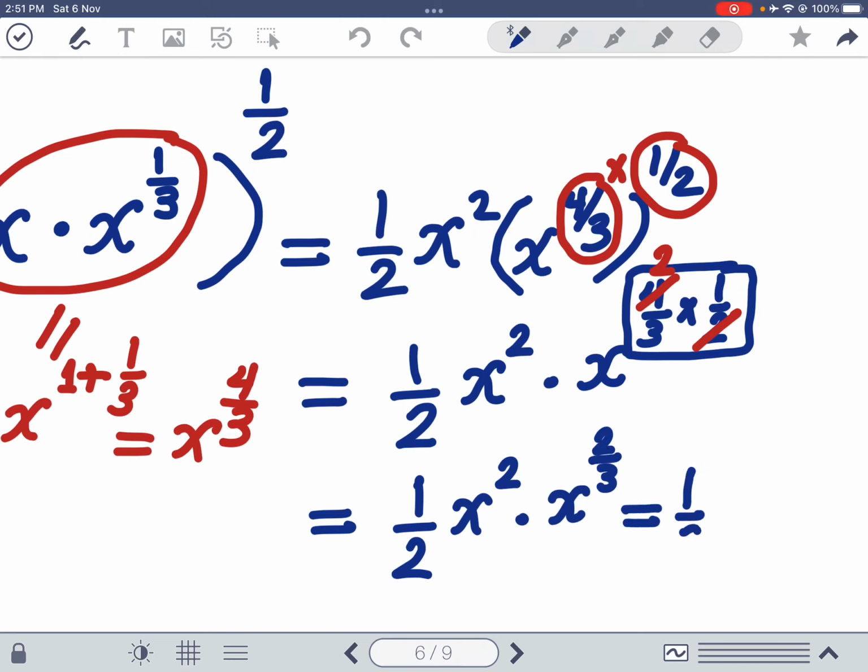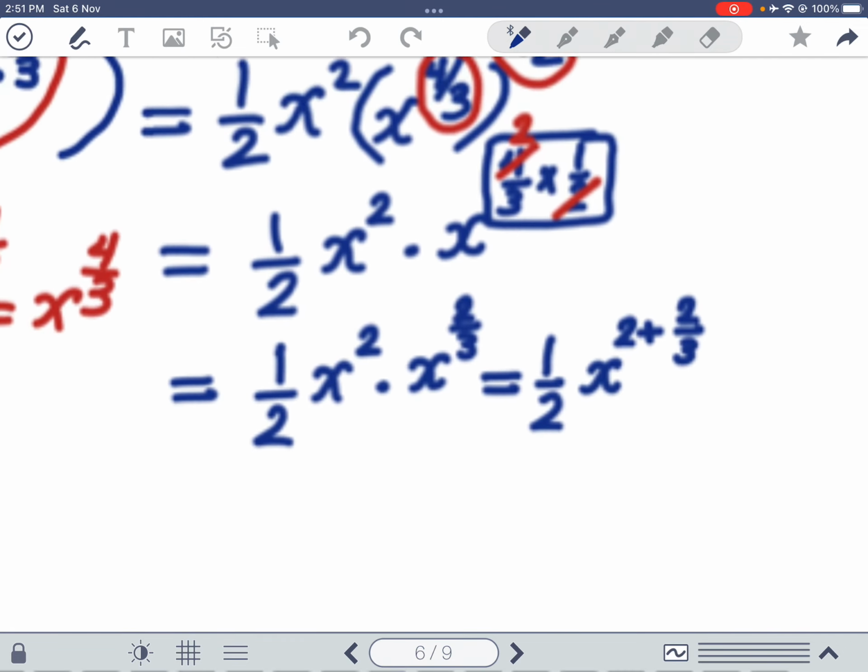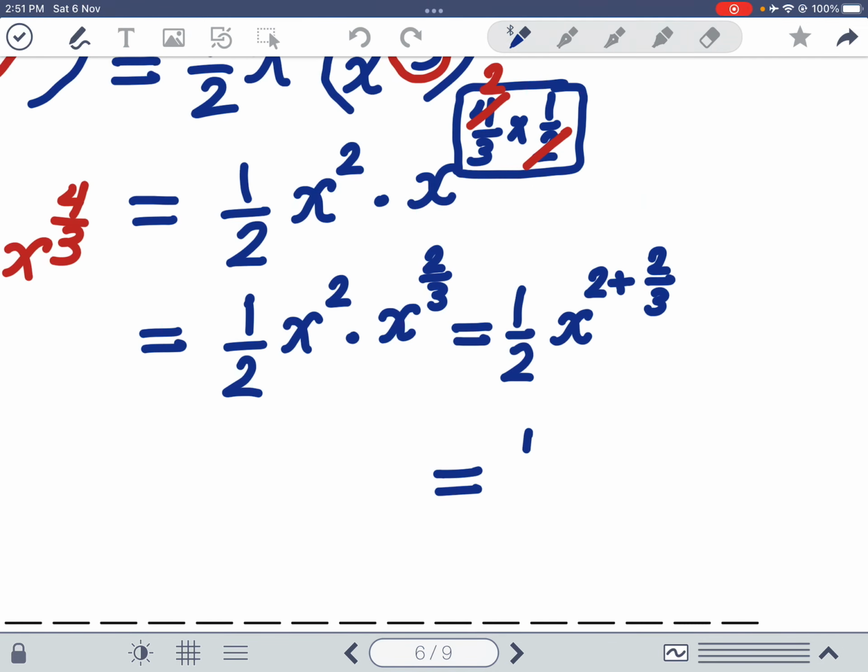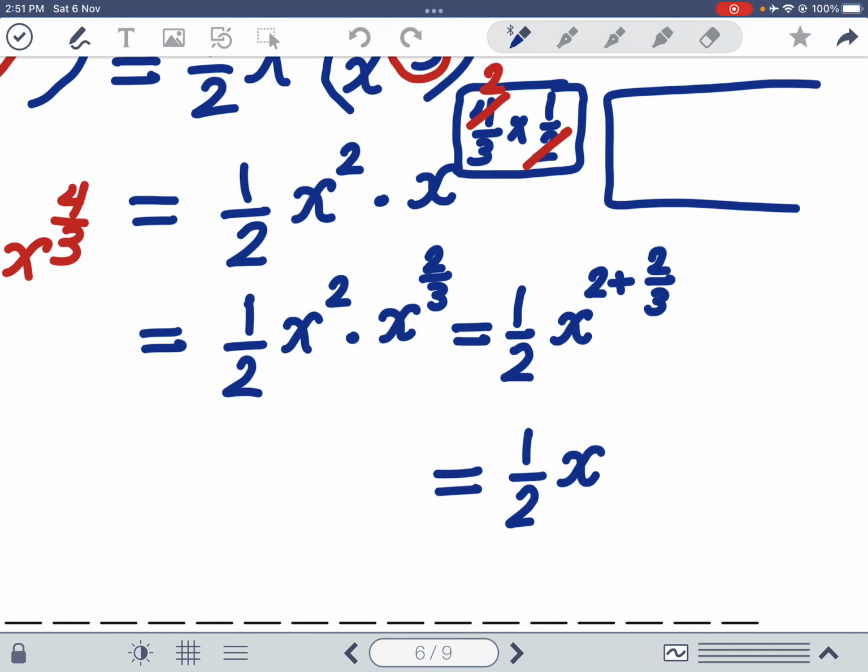Now, since you have x here and x here, you can multiply by adding the powers. So this becomes 2 plus 2/3. If you want, we can do it quickly: make the same denominator, 2 times 3 is 6, plus 2/3. 6 plus 2 is 8/3.